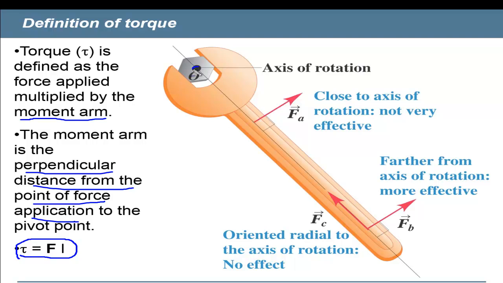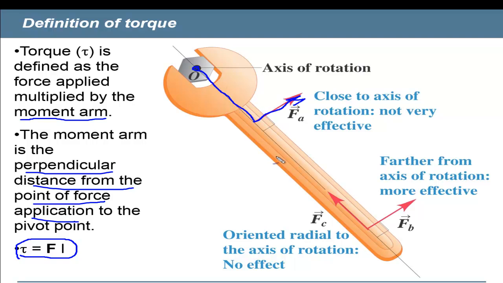So it's rotating about this axis. My force is right here, and my moment arm then would be this right here. So my torque created by this force is the magnitude of this force times the distance here, which we call L, that is the moment arm.